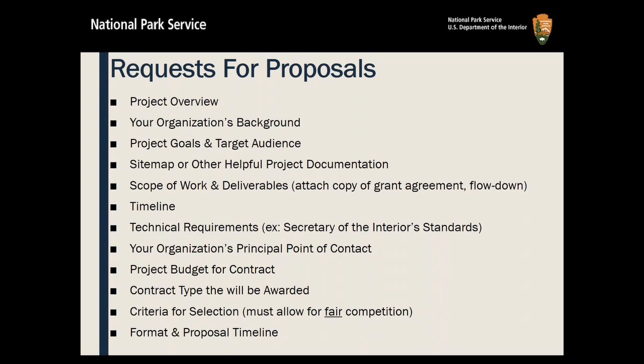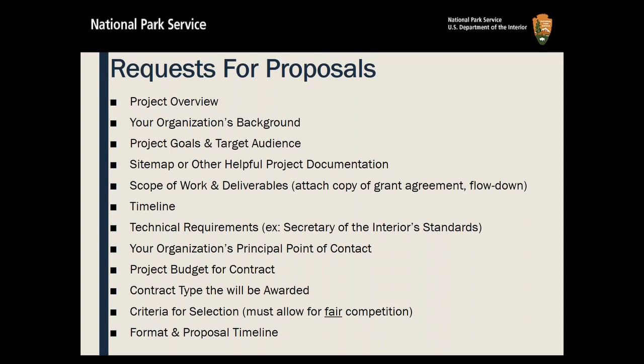You want to have a timeline, a list of any technical requirements that they have to meet, a list of your organization's principal points of contact, the project budget. You want to mention the type of contract that's going to be awarded, and you have to state the criteria for which the person will be selected.